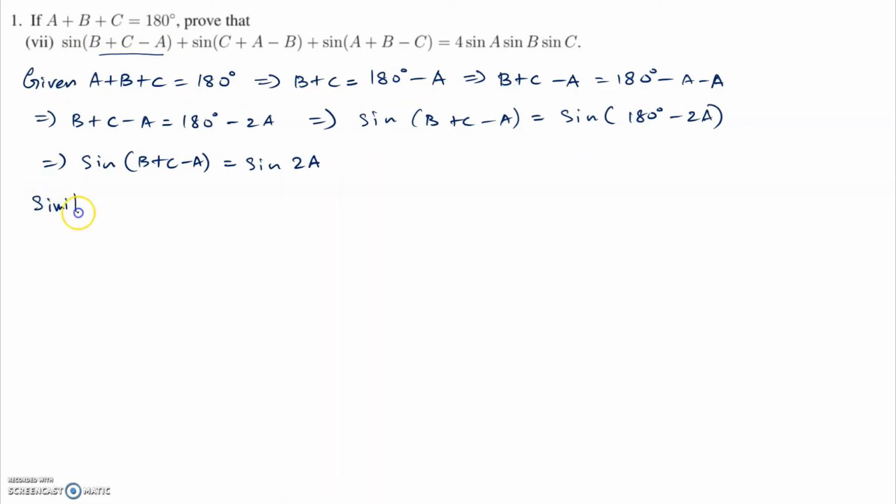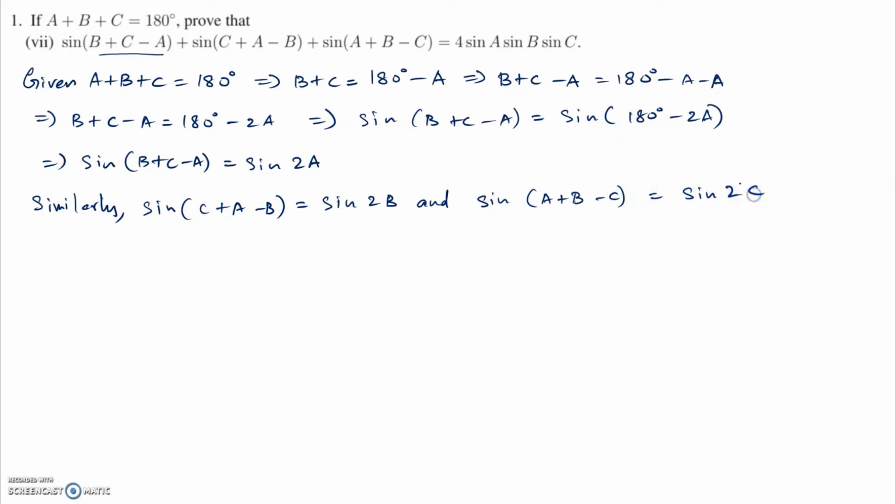Similarly, we can prove using the same method, sin (C plus A minus B) is equal to sin 2B, and sin (A plus B minus C) is equal to sin 2C. Therefore, our left hand side will now be equal to sin 2A plus sin 2B plus sin 2C.